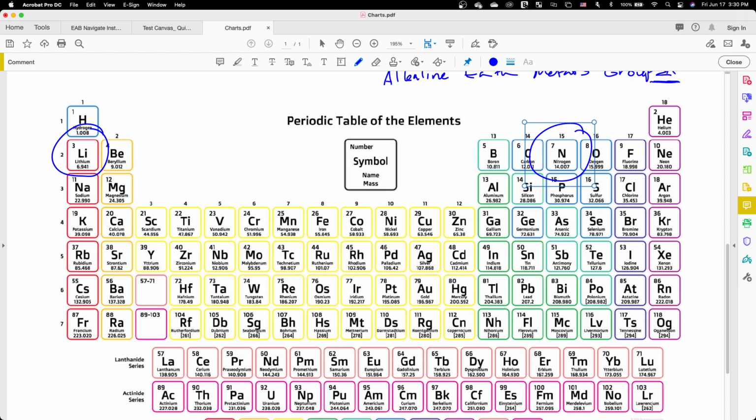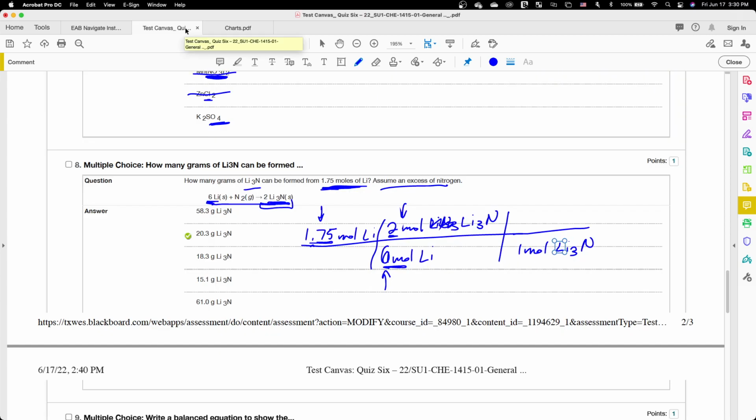So the molecular weight for Li3N came out to be 34.83 grams per mole. So I'll go back to my calculation over here, put in 34.83 grams, and now that should get me the answer.